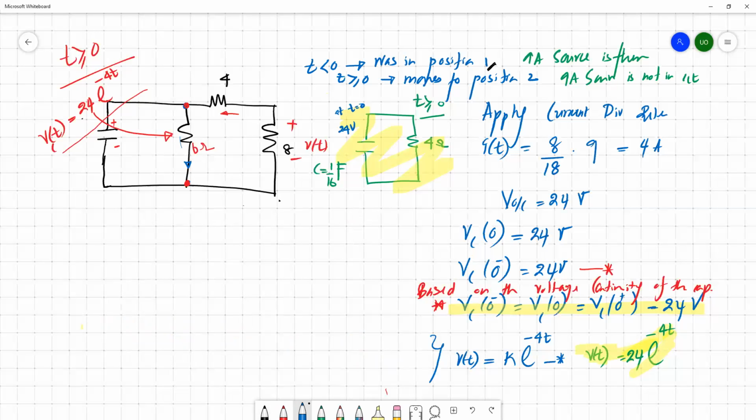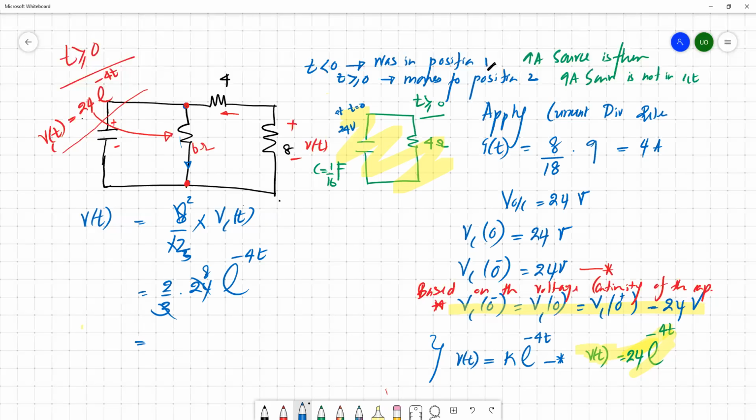So the voltage across the 8 ohm is actually 8 divided by 12, the total resistance, times VCt. So it's like 2 over 3 times 24 e to the power minus 4t.